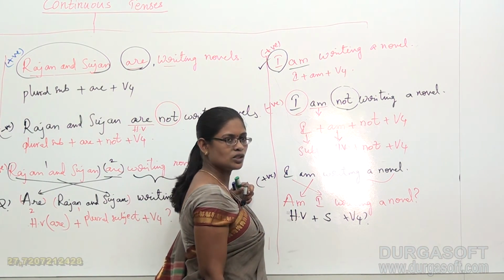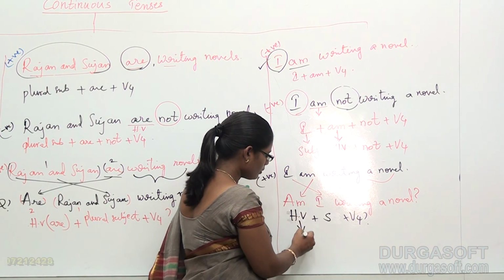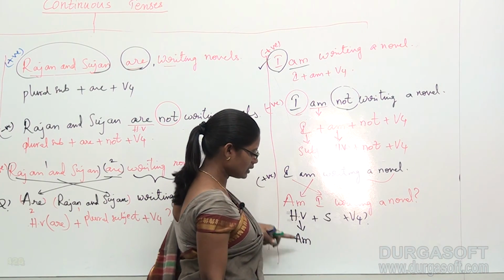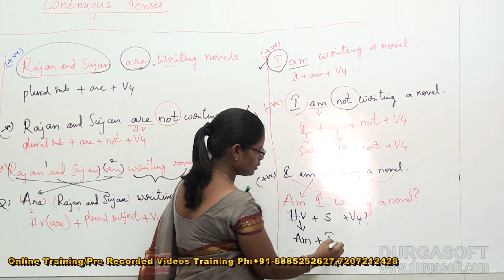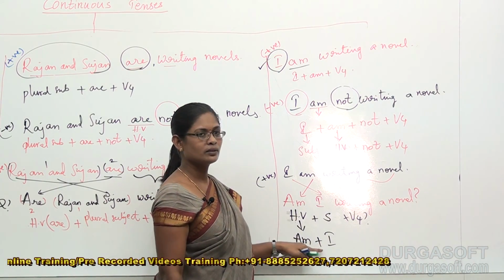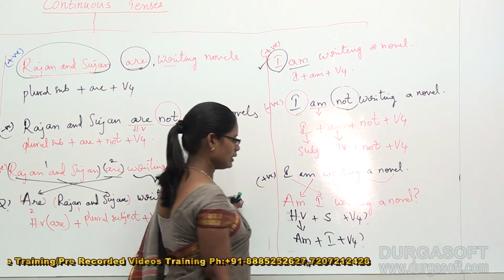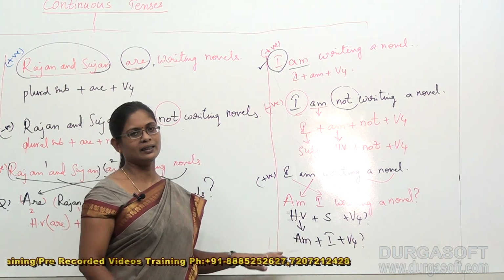This is the structure for questioning sentences. So as a helping verb, what I can deal with here is "am", plus as a subject, what I can take here is "I", plus V4. Then this becomes the structure for questioning sentences.